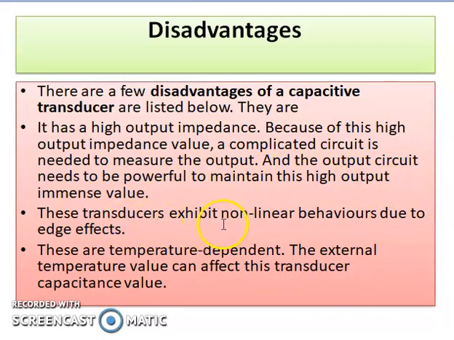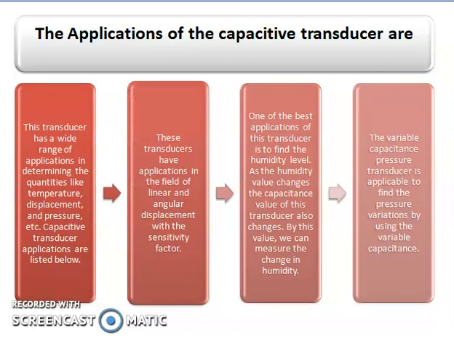These transducers exhibit nonlinear behavior due to edge effect. And these are temperature dependent. The external temperature can affect the transducer capacitance value. These are the main disadvantages of capacitive transducers.